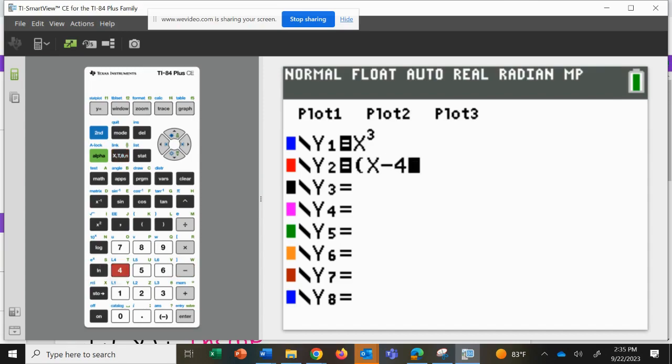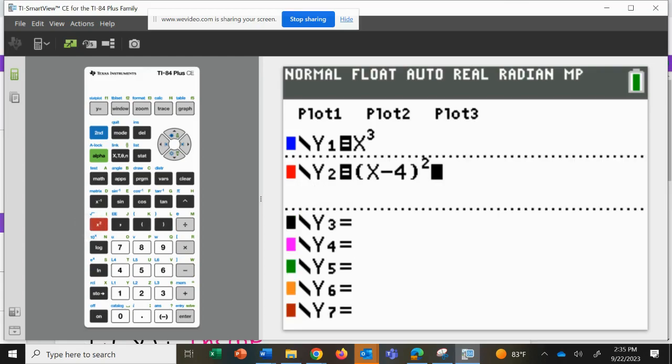Minus 4, close the parenthesis, squared. Oh, I'm sorry, cubed. You're right. That was me messing up, forgetting what we were doing. Make it a cubed, because we want the same function. We want them both to be cubic. Go ahead and hit graph.